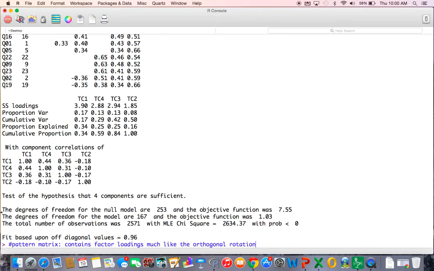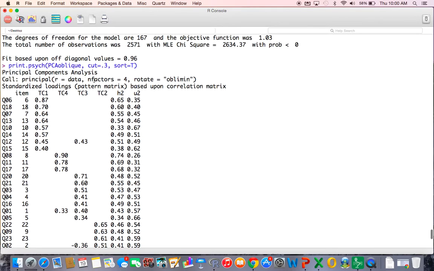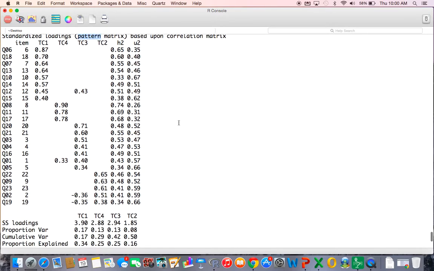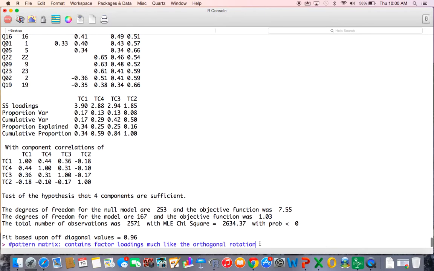In fact, if all of the correlations between the components were zero, so there was complete independence, your pattern matrix would be, and let me show you, this is what you get. It's given in your output, and it's going to be really close to your orthogonal rotation if your factors aren't correlated, which means they're independent.